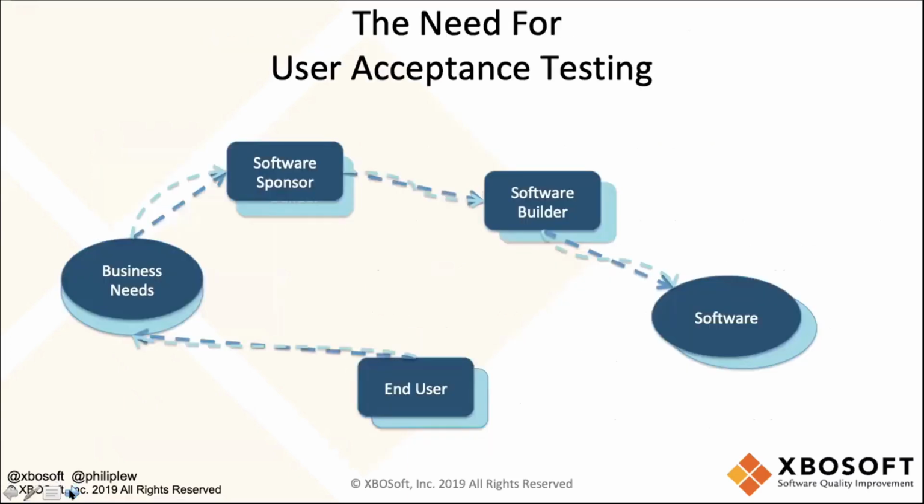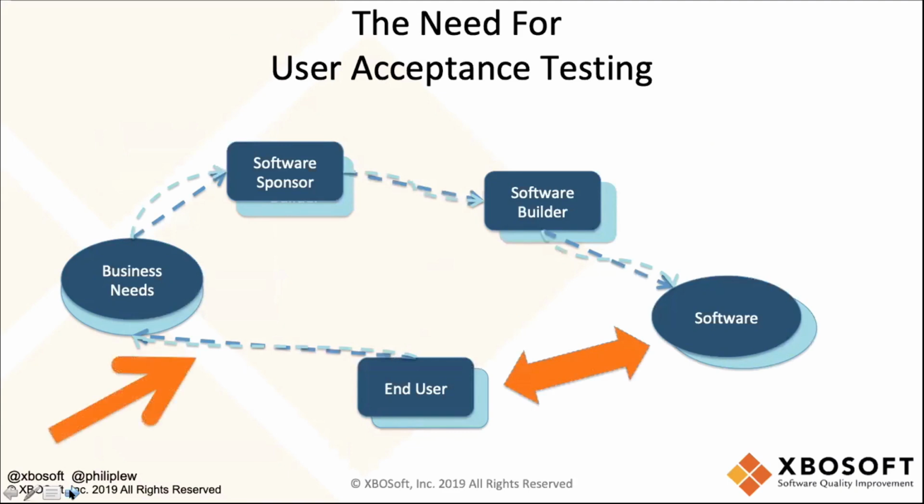So let's move on and get to the heart of it. This is kind of a circular picture, actually, of the software development lifecycle. And as you can see from the dashed lines and the different colors, a lot of times there is some ambiguity in going from one step to another. And in particular, when you finally deliver the software, the end user is not totally satisfied.